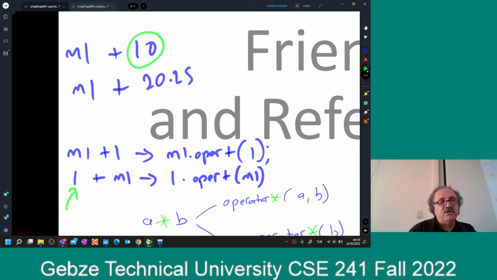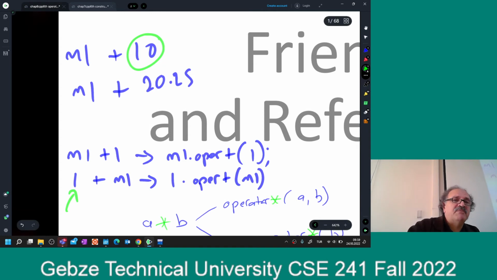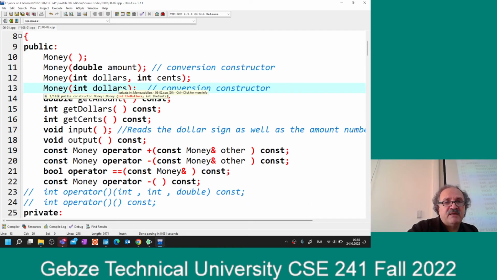So let me call the constructor. It will make a temporary money object whose value is $10 and 0 cents, and then it will call this plus operator that takes 2 parameters like this one. So it works automatically. It is called implicit type conversion.